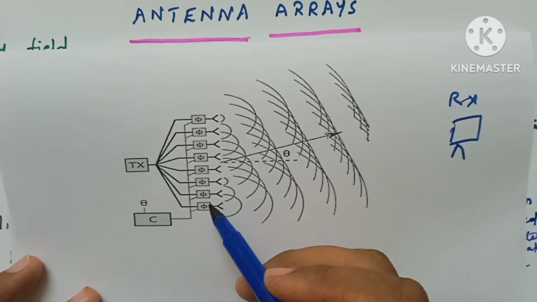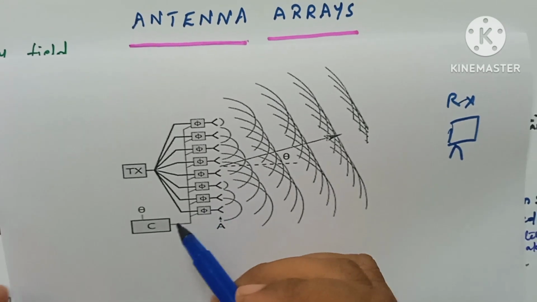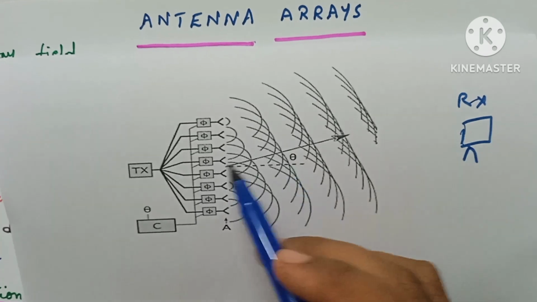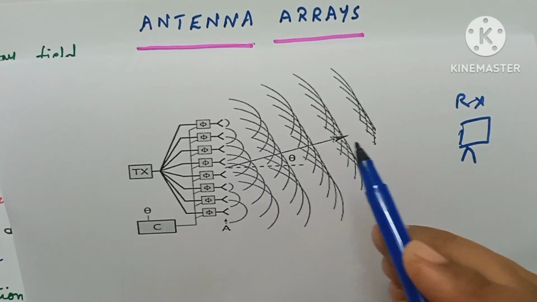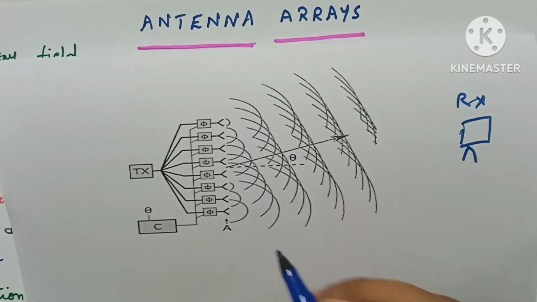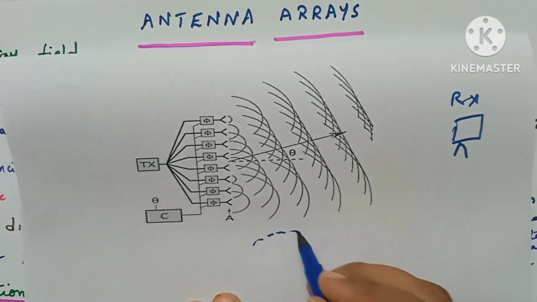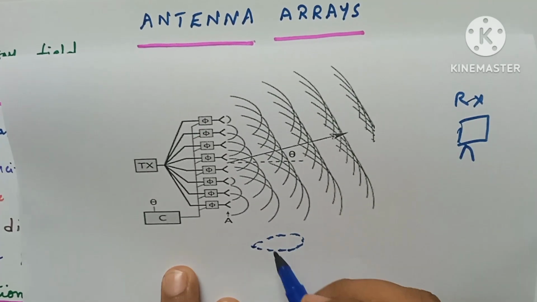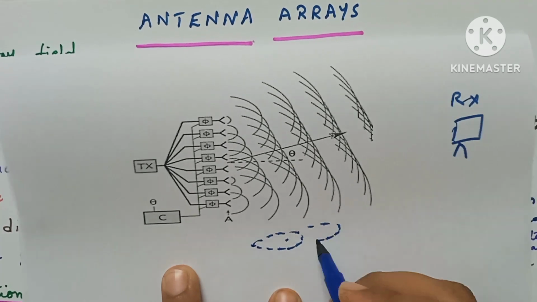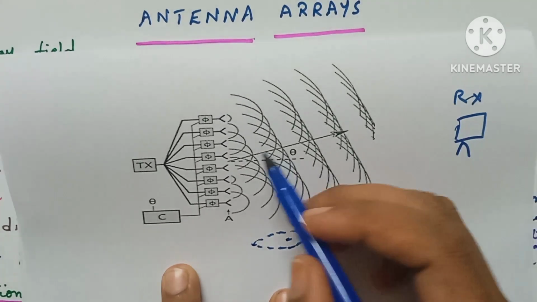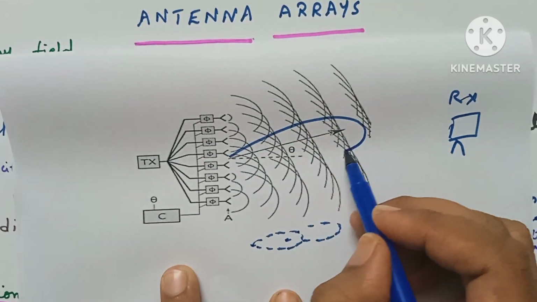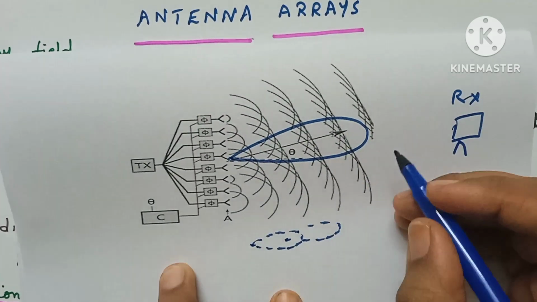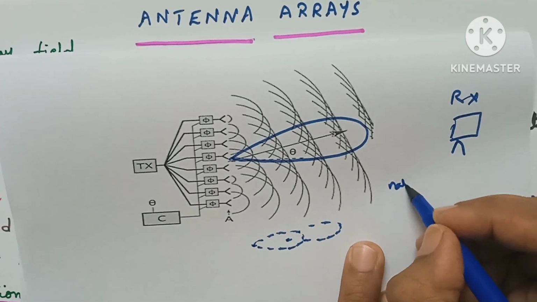Whatever amount of phase shift we want to introduce, we introduce from this end. You can observe all the radio waves are traveling in this direction, forming lobes like this. All these get added up in the same direction, and finally your resultant pattern will be like this. You will get a narrow beam.